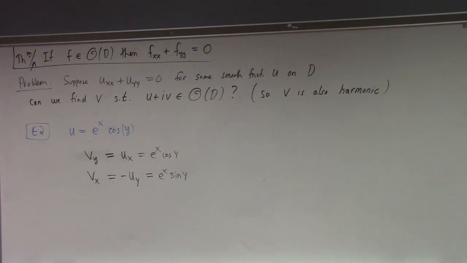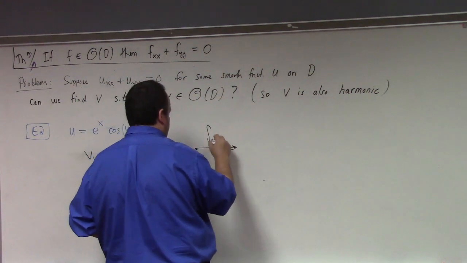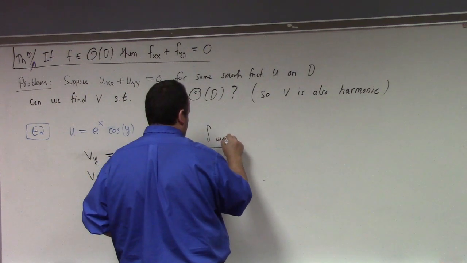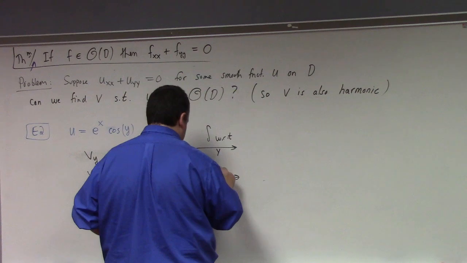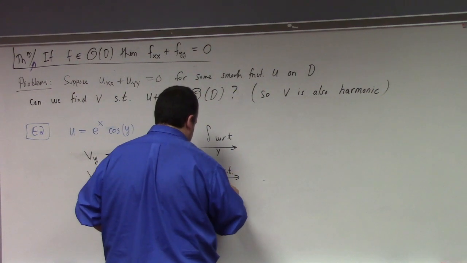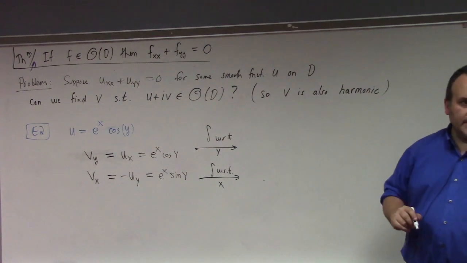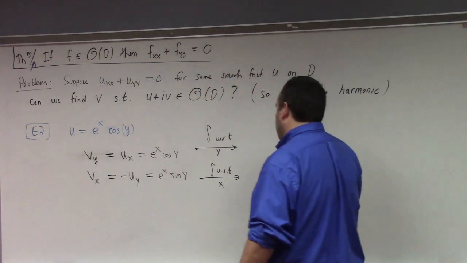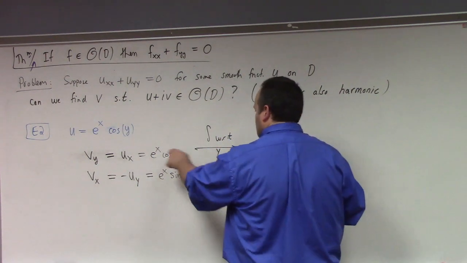So what do we do when we're up against something like this? We integrate, with respect to y, and with respect to x. If we do that, v equals, what's the integral of this with respect to y?